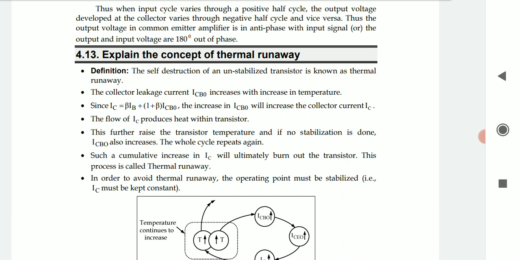Hence, the minority charge carriers acquire sufficient energy. Due to this, the minority charge carrier current increases. By going on increasing the reverse voltage at the collector junction, the ICBO will increase drastically.